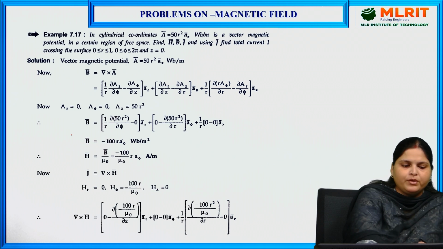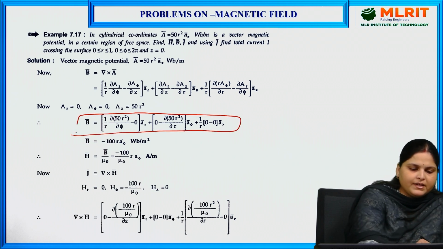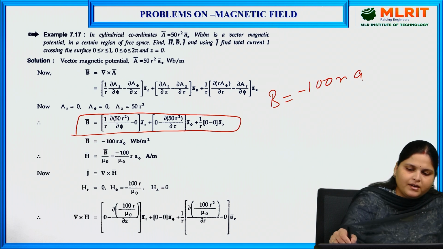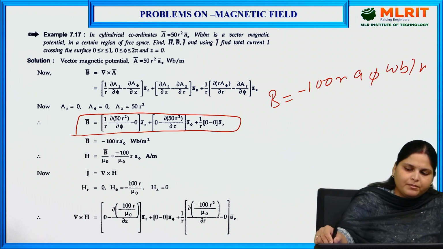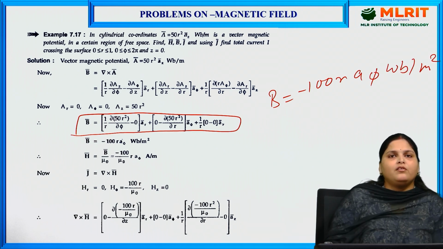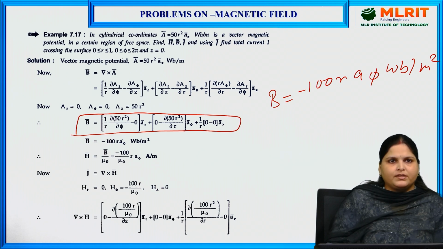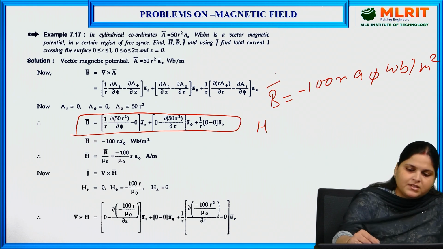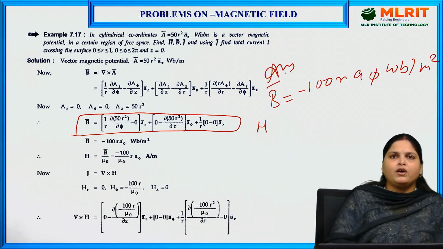So when we put ar, a phi and az, we get B equals minus 100 r a phi Weber per meter square. This is the flux density which we have got. Now from here we can find out H. See, the first part is completed. We have got flux density.